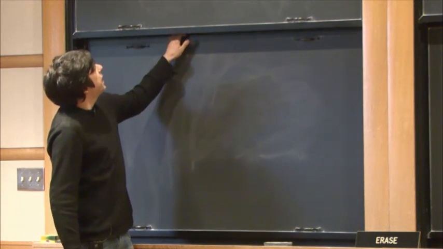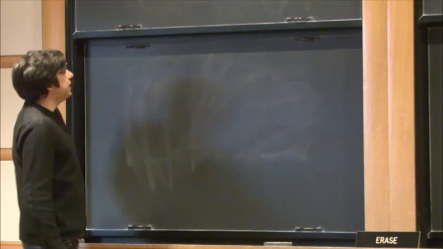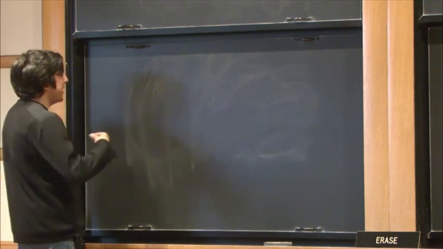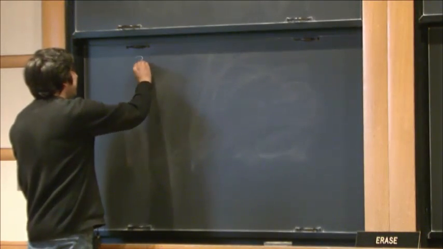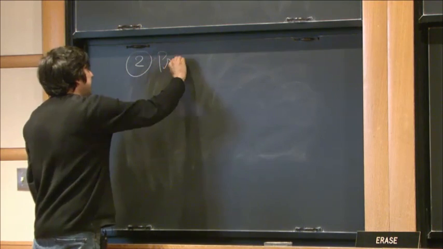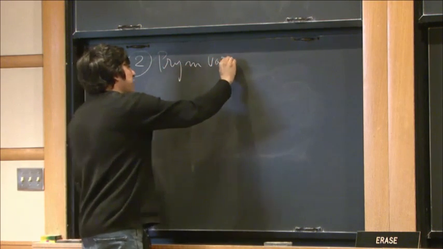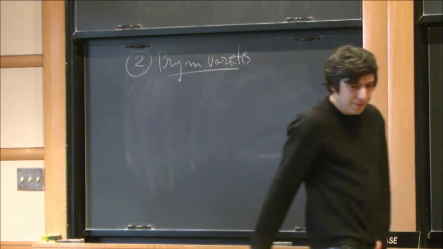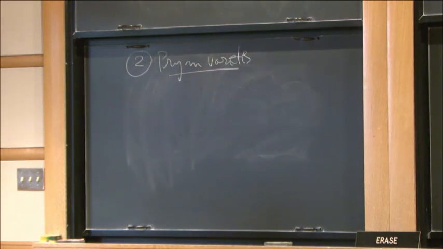And I want to say what is involved in something like this, and to do a concrete example here. So let me kind of water down the problem. So let me go to Prym varieties. So this is the content of my talk. The cubics were just motivation.